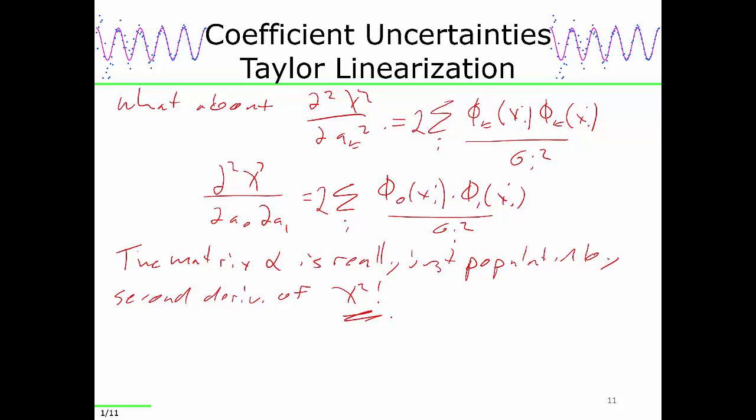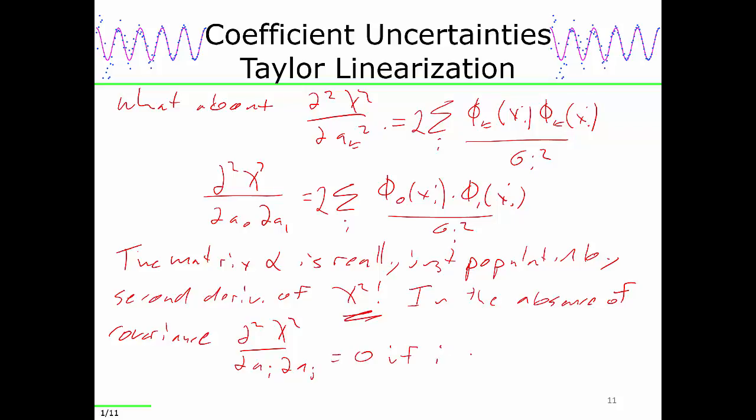Now, let's ask ourselves what happens in the absence of covariance, in hopes that we can convince ourselves that we arrive at the exact same solution we just derived previously. In the absence of covariance, then the second derivative with respect to a sub i and a sub j is 0 unless i equals j.